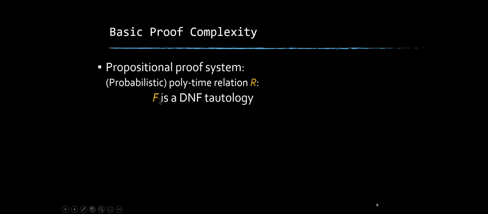F is a DNF tautology if and only if, when we input F into our relation R, there exists a string pi, considered as a proof, that gives the relation the value true. And this occurs if and only if F is a tautology. So you can see this is a complete and sound proof system.